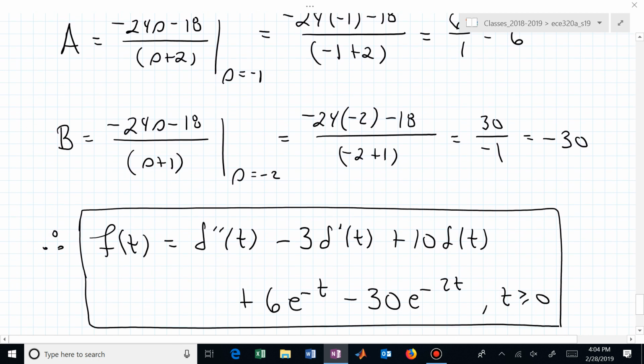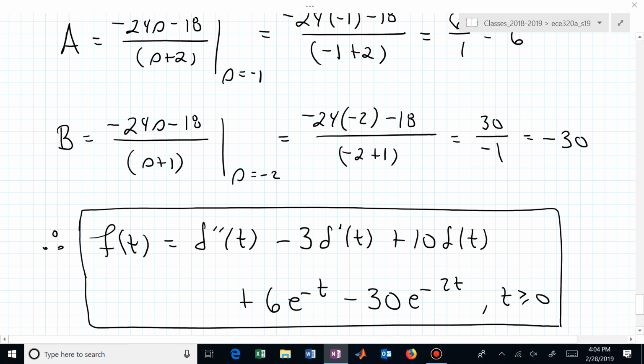Now we can write down the full expression for f of t, the time domain version of that transform expression that we started with, which was in the frequency domain, capital F of s. We now have an impulse differentiated twice, -3 times the impulse differentiated once, plus 10 times the impulse.